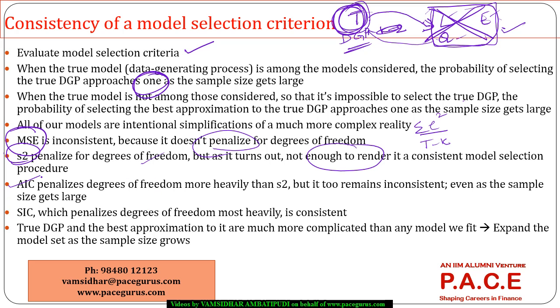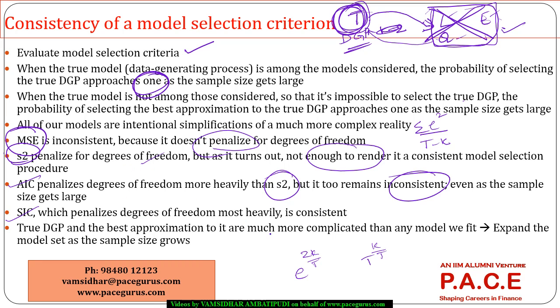Whereas when it comes to AIC and SIC, both of them have a penalty on degrees of freedom. One of them is penalizing as e to the power of 2k by T. The other one is penalizing based on T to the power of k by T. So they are penalizing the degrees of freedom more heavily than S squared, but even AIC is seen to be inconsistent.